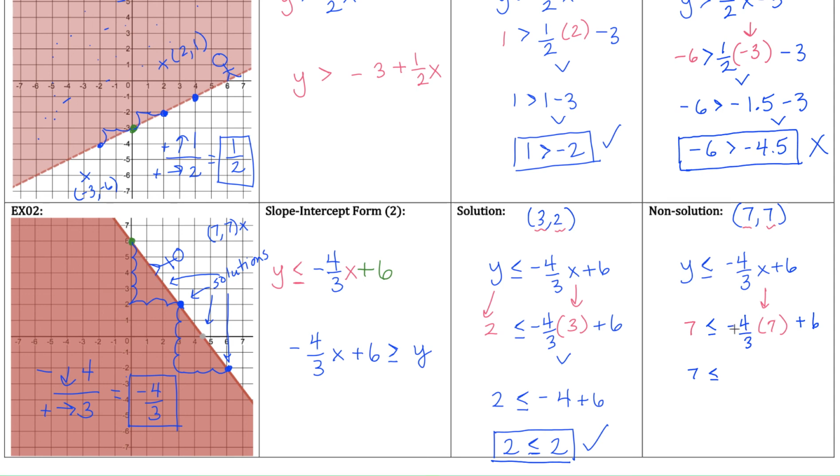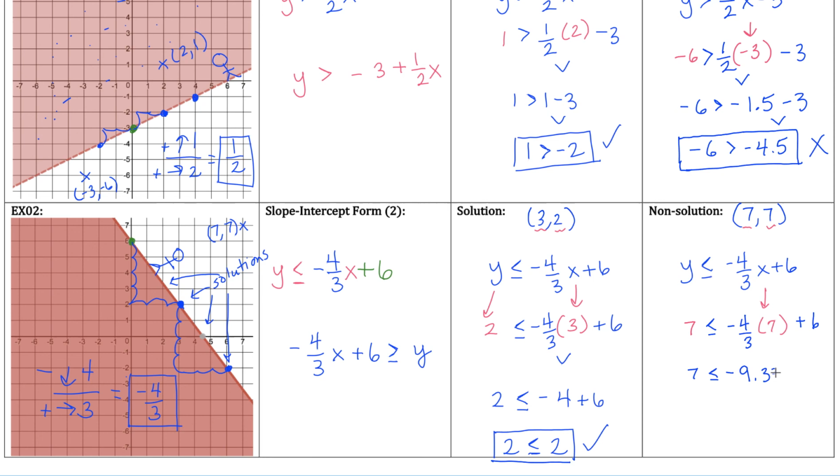So this will give me a negative times a positive, which is a negative. 4 times 7 is 28. 28 divided by 3. Well, 3 doesn't go into 28, but 3 can go into 27 9 times. 1 is left over, so 1/3.